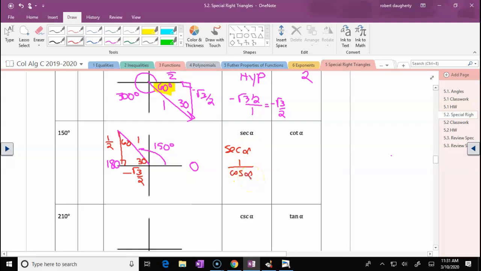Cosine is adjacent over hypotenuse, so this is hypotenuse over adjacent. The hypotenuse is 1, and the adjacent side is negative root 3 over 2. Anytime you see 1 over that number, the final answer is just the reciprocal. So negative 2 over root 3.